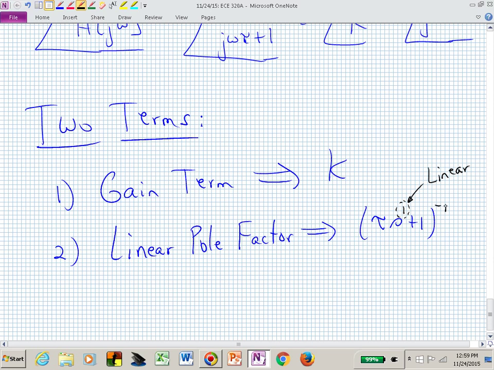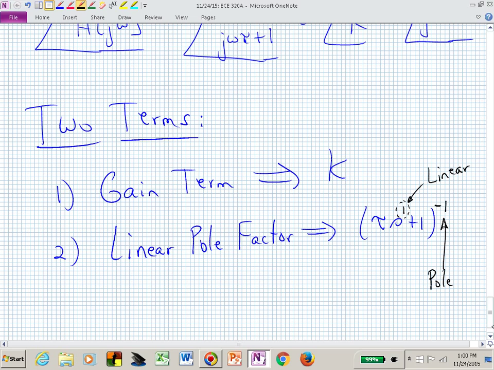And since it's in the denominator, I'll go ahead and emphasize that and say that's this linear term, tau s plus 1 raised to the minus 1. This is now because that was a pole factor.